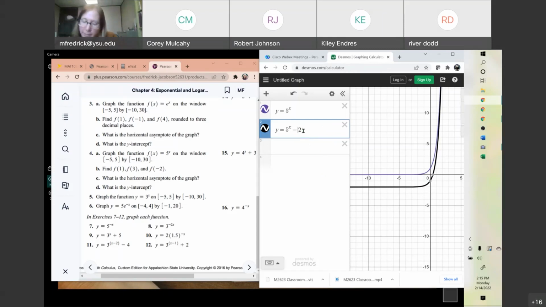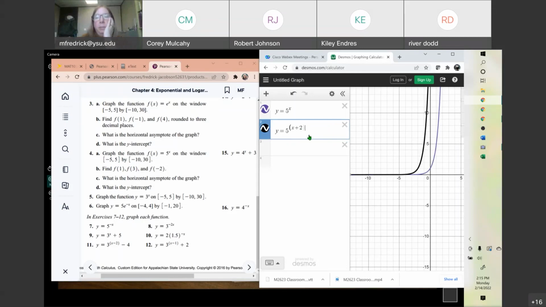When it's inside, up with the x, to put it up with the x, you need to put it in parentheses. So if we had x plus 2, well, just like the x moves right and left, this will move right and left, but it moves opposite of the sign. So this was a plus 2, but notice it moved left 2. So when it's inside with the x, it moves right or left like the x, but opposite sign.